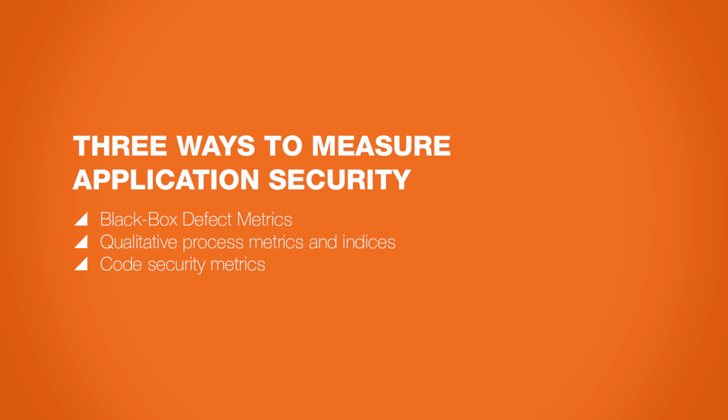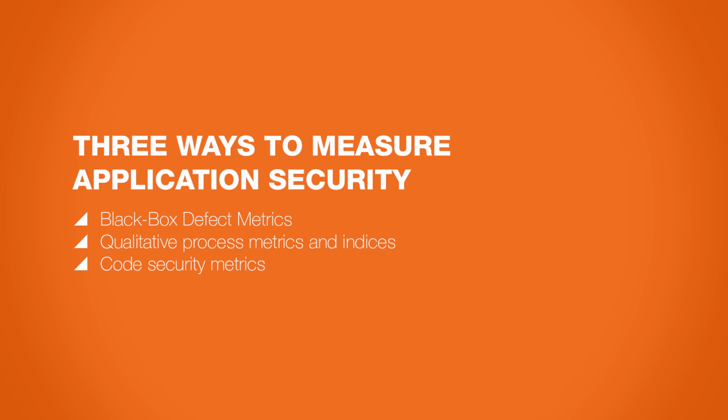First, by counting remotely and locally exploitable flaws without the knowledge of the code, called black box metrics. They count defects detected by scans. Second, by creating qualitative risk indices using a weighted scoring system, qualitatively processed metrics and indices, they measure the spread of a secure development process via the frequency of security reviews and go-live assessments.